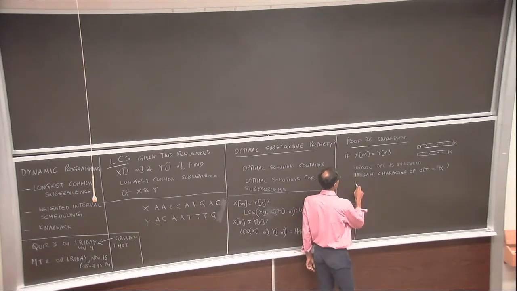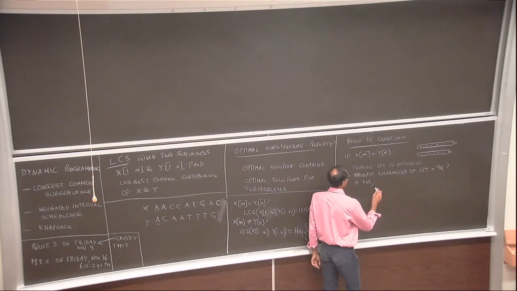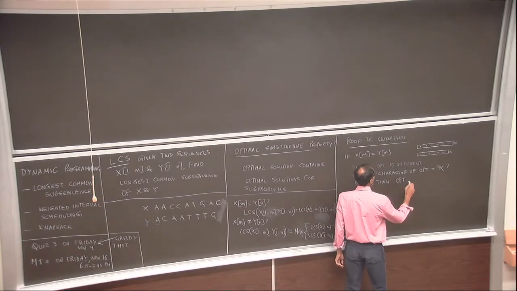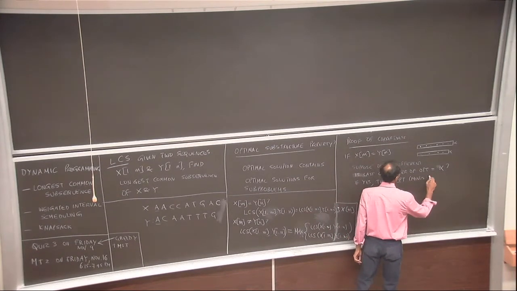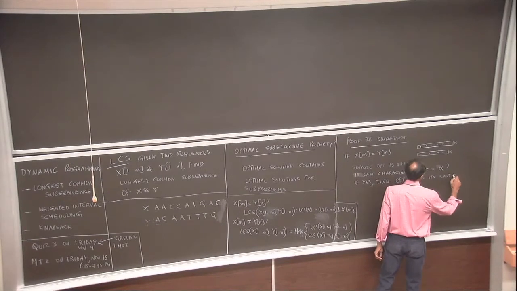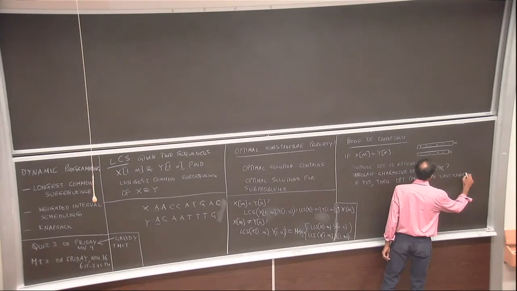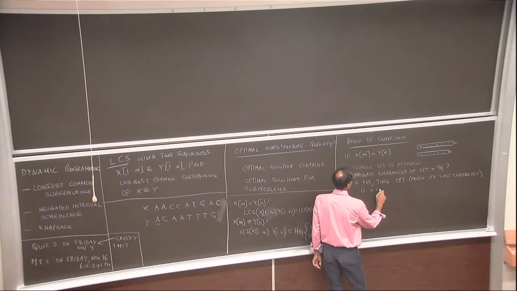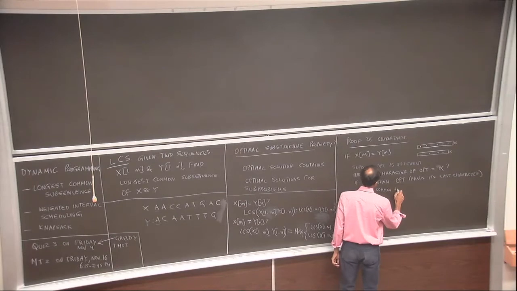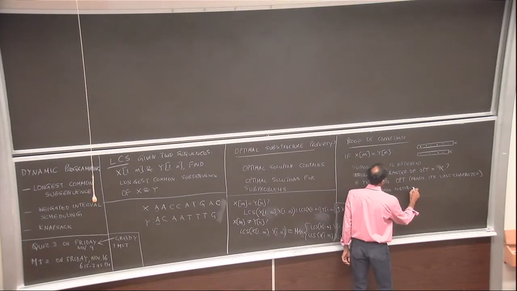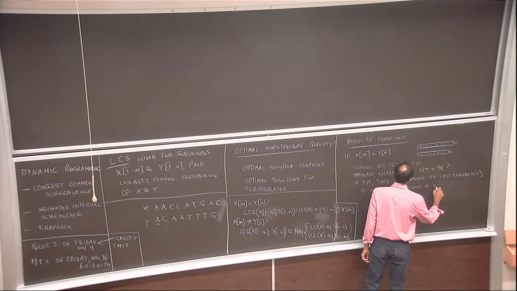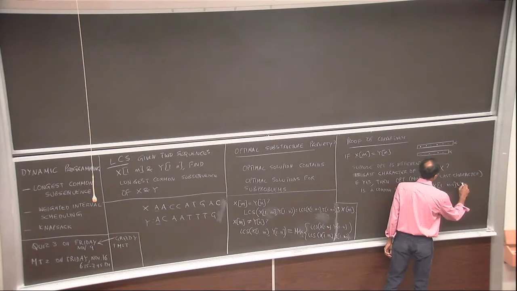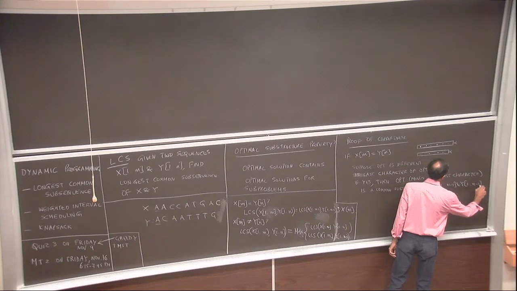If yes, then OPT minus its last character is a common subsequence of x 1 through m minus 1 and y 1 through n minus 1.